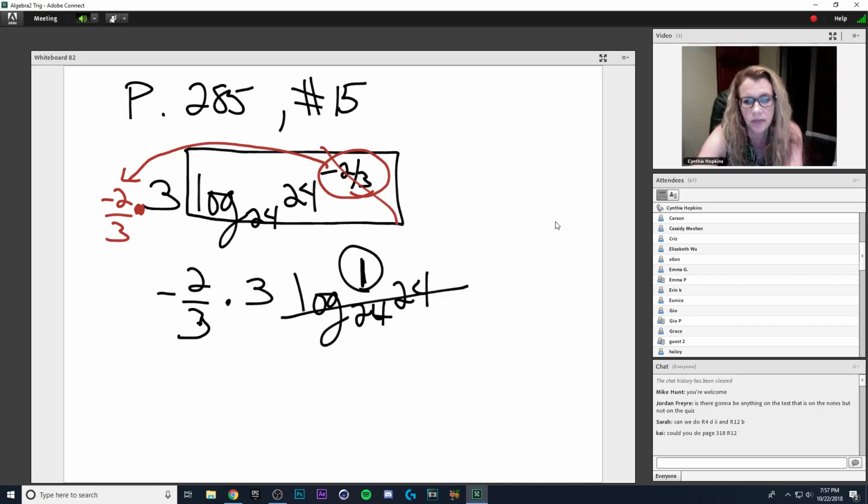And my base also cannot be 1. As a general rule, your base and your argument have to be positive. And if they are equal, then the log of that equal base and argument equals 1. So when I look at this negative 2/3 times 3, I notice that my 3's cancel, because this 3 is a denominator and that 3 is a numerator. So your final answer is negative 2.